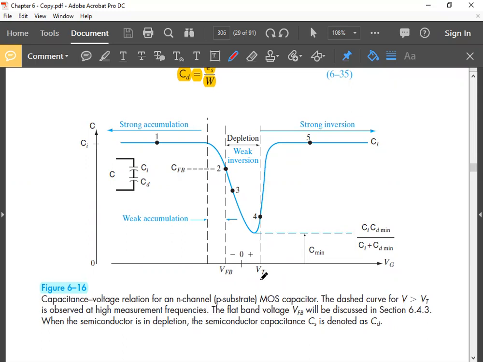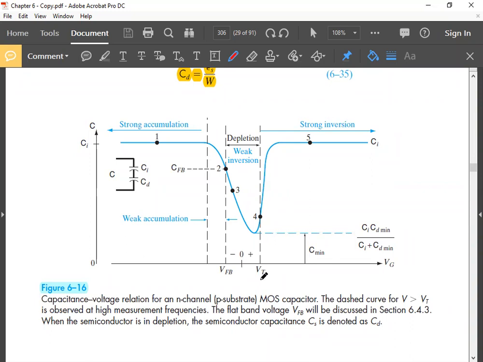When there is the positive half of the AC signal, that is being added to the gate voltage, so gate voltage has increased positively. That means the electrons in the inversion layer have to increase. How can the electrons increase? They have to come through the p-type substrate, which is neutral.